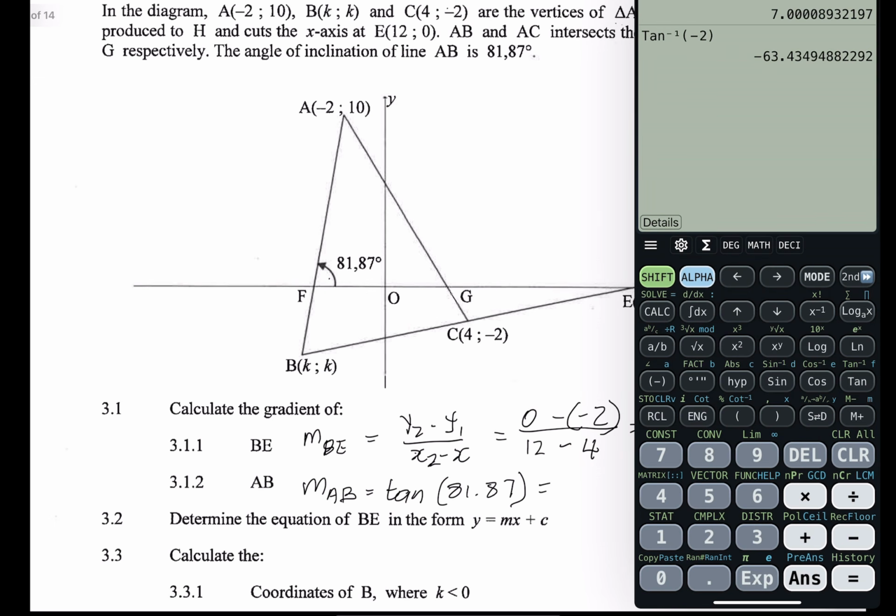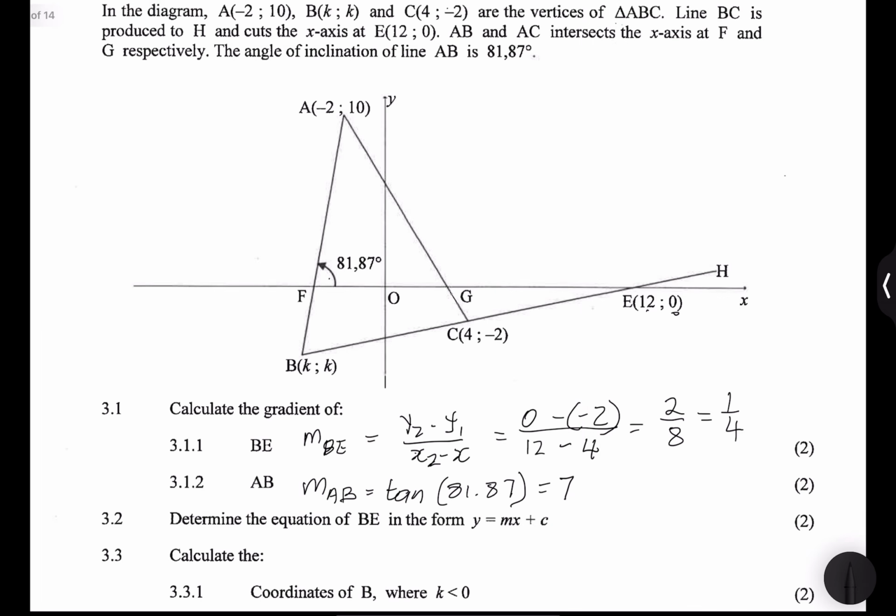If we quickly look at what I had done here earlier, you simply say tan of 81.87, and there you've got 7. So the gradient there is 7.